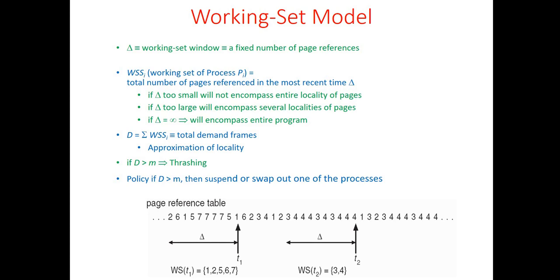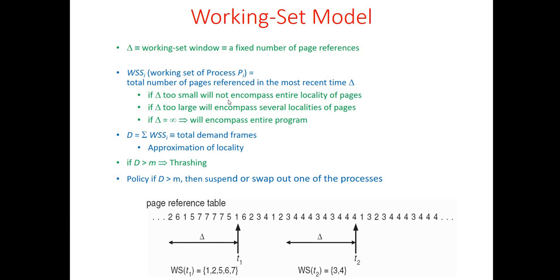Working set model. In this working set model, we decide which pages need to be kept in the physical memory for references. This is determined based on a working set window W. W is the total number of pages referenced in the most recent time, that is delta.